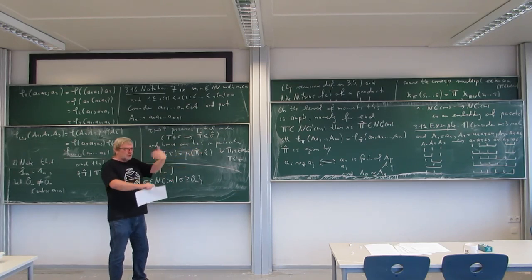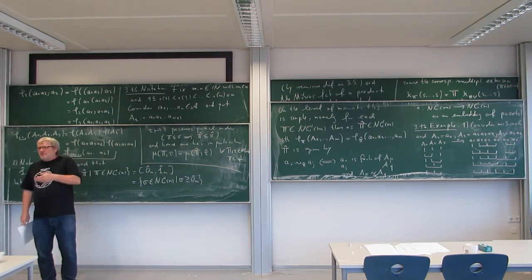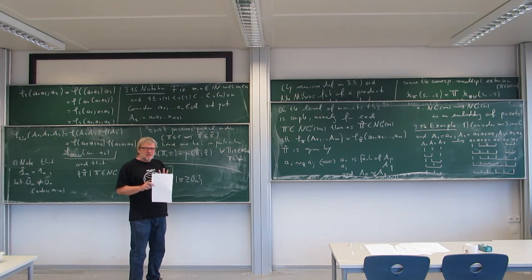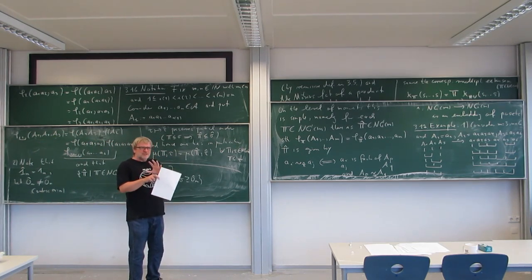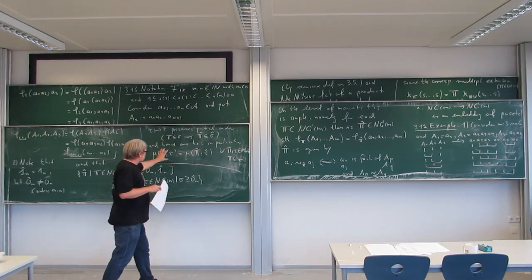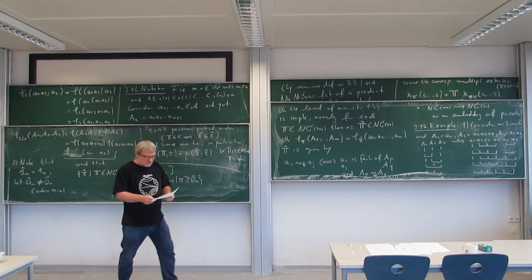Because for one of the moment functions, we have to sum over NC of N, and for the other, we have to sum over NC of M. The whole thing is to relate those formulas. So for every quantity which shows up, we should have a good understanding of how to express it in terms of the other guy. The Möbius function is the central object, of course, and has exactly this property.